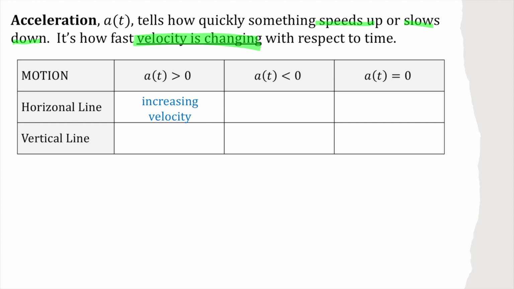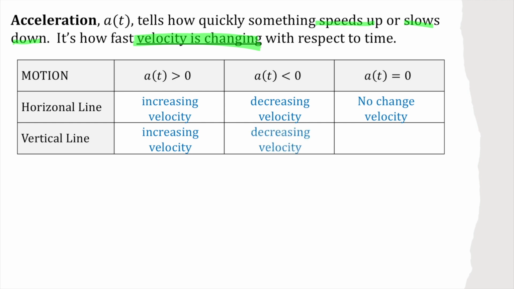If acceleration is negative, the velocity is decreasing. If acceleration is zero, that means there's no change in velocity. It does not mean that the particle is stopped. In a vertical line, it's actually the same thing. If acceleration is positive, there's an increasing velocity. If acceleration is negative, it's a decreasing velocity. And if acceleration is zero, there's no change in velocity.